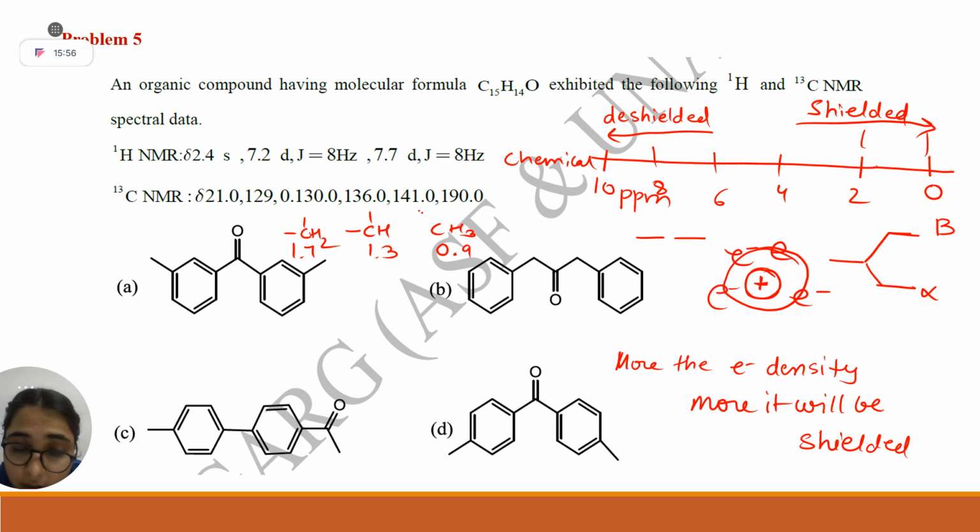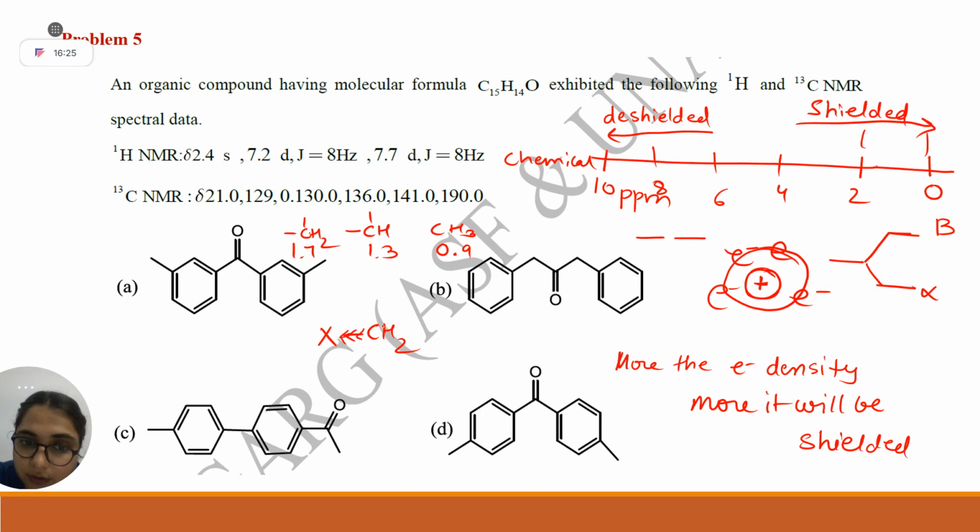Now let's say we are attaching any heteroatom to this carbon. Will the heteroatom shield or de-shield? Tell me. De-shield. The heteroatom is more electronegative than your carbon. It will pull electron density from this carbon, right?